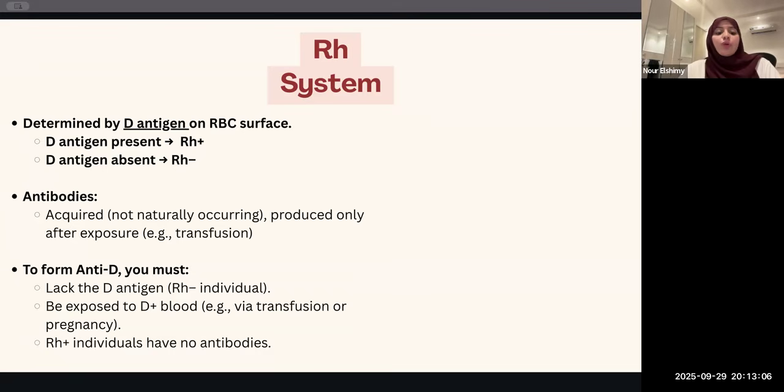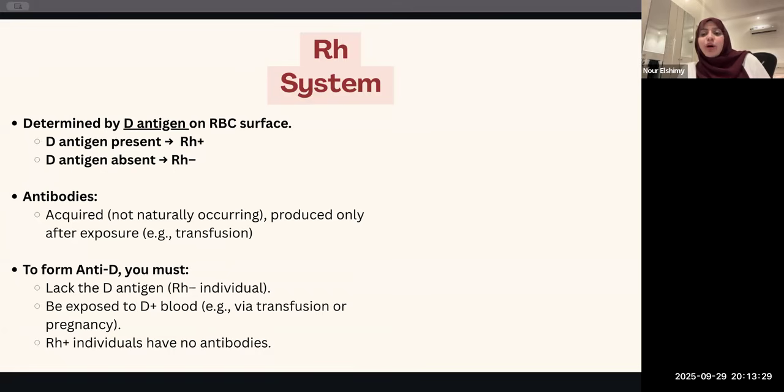So let's say an Rh negative individual that does not express the D antigen is exposed to an Rh positive. An Rh positive is a non-self antigen. It's an invader. So what's going to happen? The Rh negative individual is going to start secreting antibodies against this antigen.